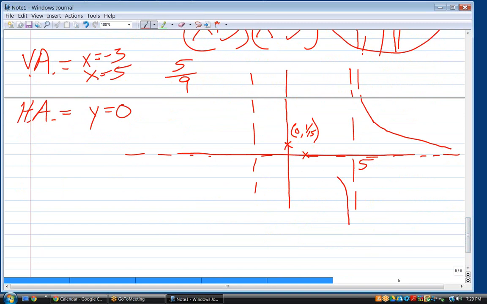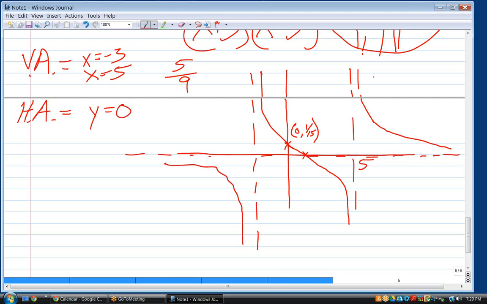And these things almost always look like this, unless they don't cross the x-axis, and then they just look like an upside-down U. But we know it crosses the x-axis because we have an x-intercept and we have a y-intercept above the x-axis. And then it has to come out down here.